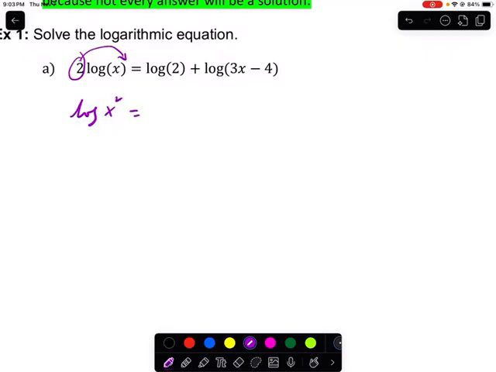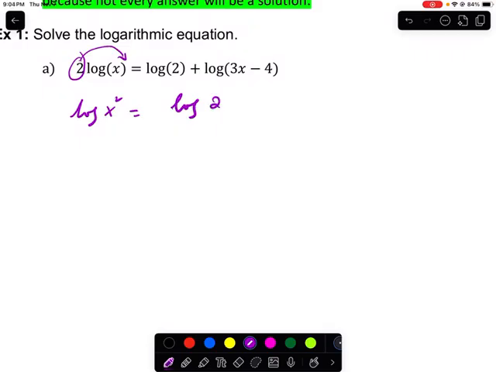What can I do with the right hand side? Well, if you think, we might be able to apply the one-to-one property that we just saw, because we can combine these two terms and put them in one log term.